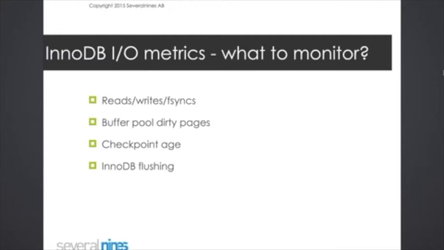These are the pages which were modified in the buffer pool but haven't yet been flushed to disk. And we want to monitor checkpoint age, which is basically the information about how much data InnoDB has in redo logs that is not yet flushed to tablespaces. And InnoDB flushing, so what kind of flushing InnoDB does.